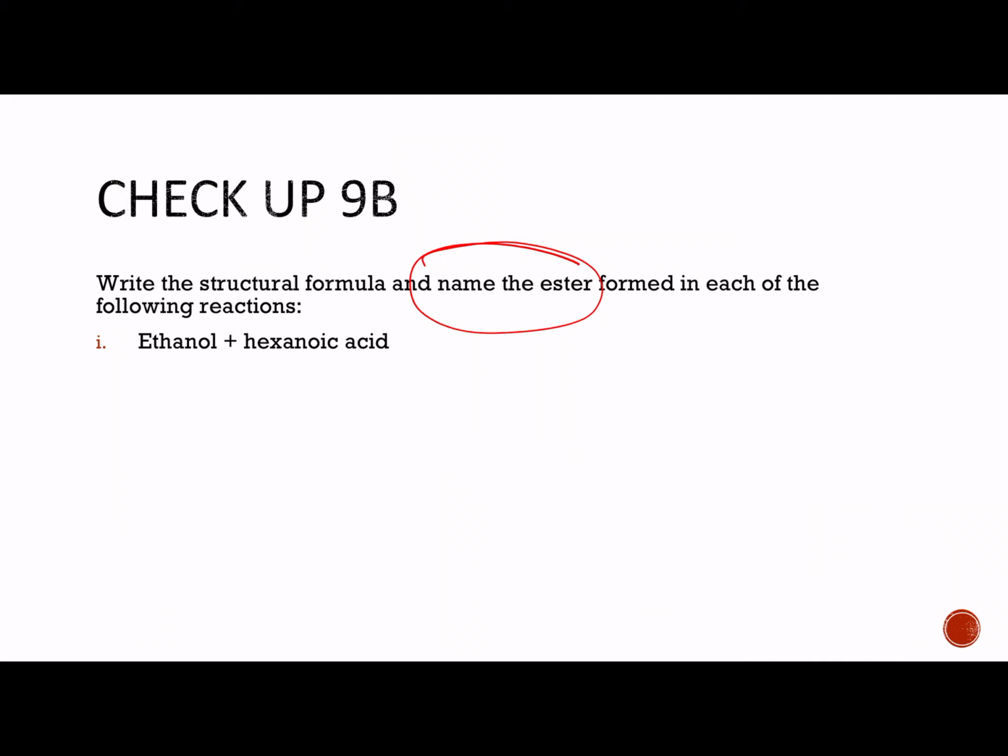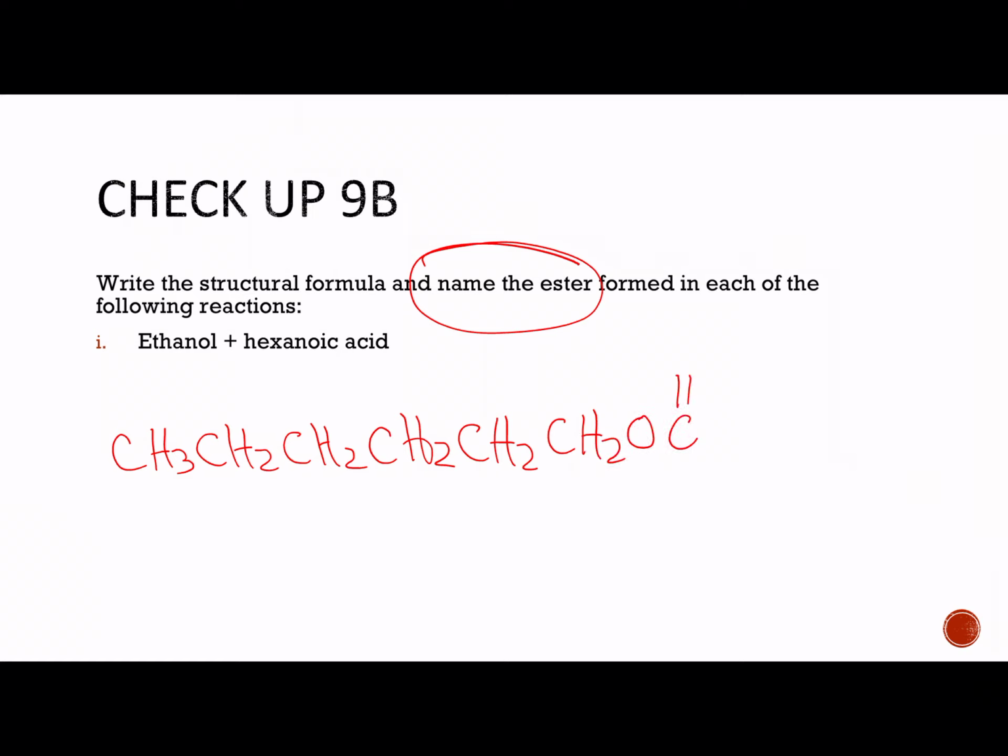So ethanol plus hexanoic acid, CH3, CH2, CH2, CH2, 1, 2, 3, 4, 5, 6, hexanoic acid. It's 1, 2, 3, 4, 5, 6, this, and then it's the ethanol, which is OCH2, CH3.